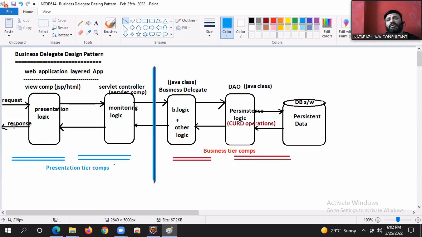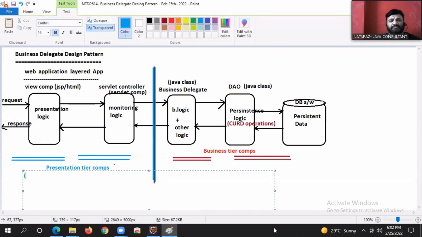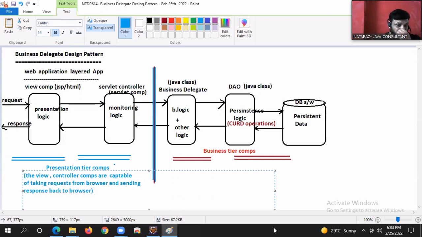Why are these called presentation tier components, guys? Because the view and controller components are capable of taking requests from the browser and sending responses back to the browser.